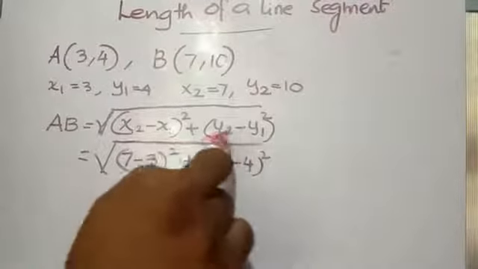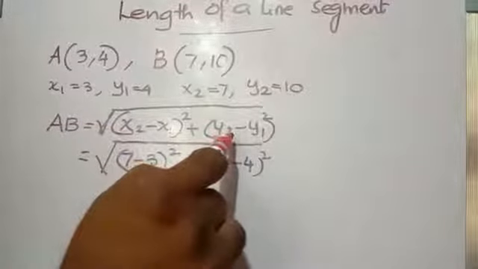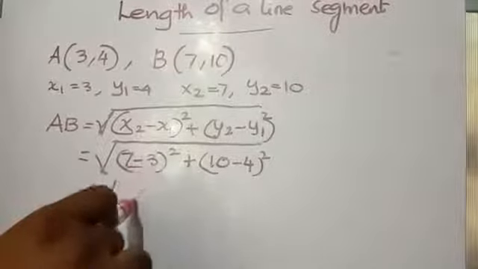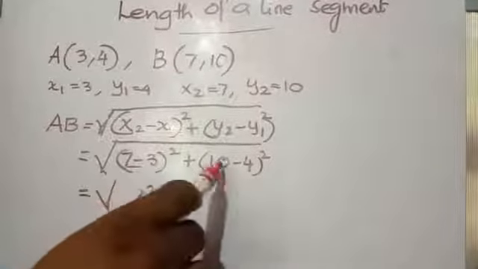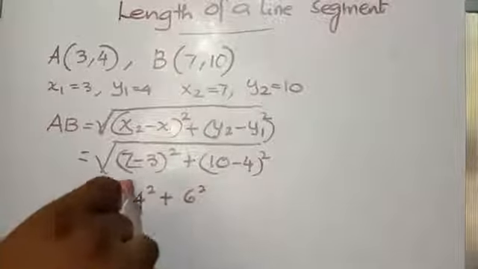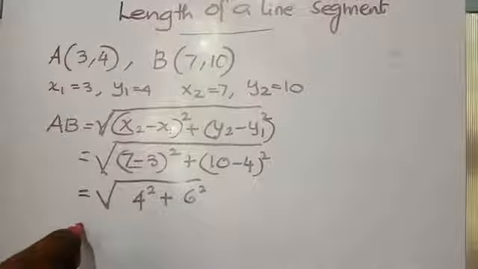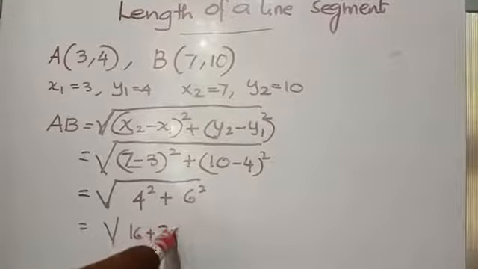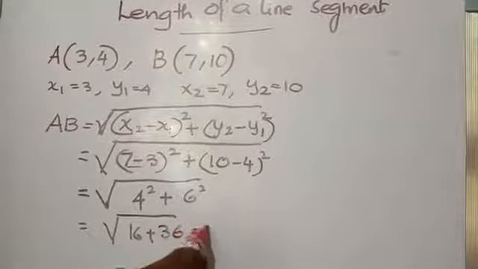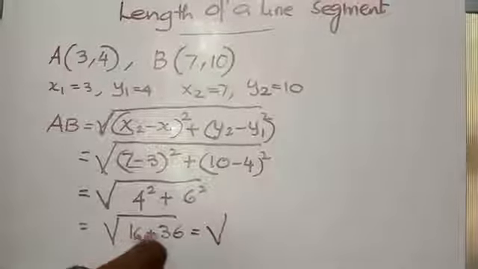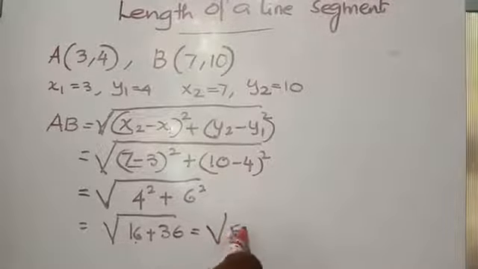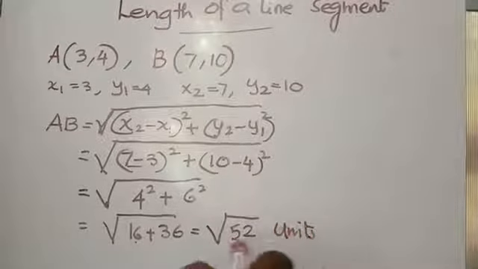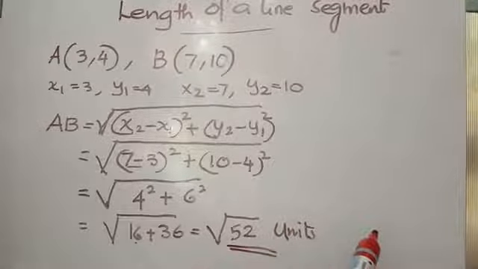See, the work is very simple, but we need to remember the formula, which is equal to under the root 4 squared plus 6 squared, that is equal to square root of 16 plus 36. That's equal to under the root 52 units. This is the answer for length AB.